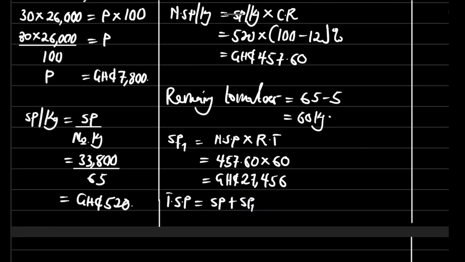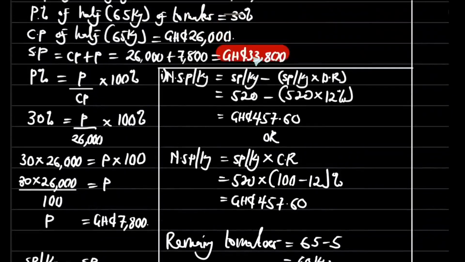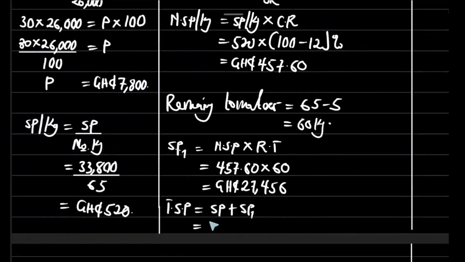We know the first selling price was 33,800. Plus the second selling price after we threw away 5 kg, which was 27,456. Therefore the total is 61,256, the total selling price of the whole transaction.